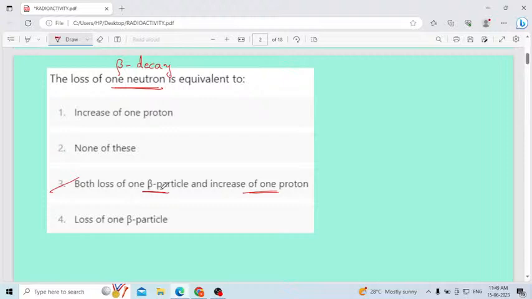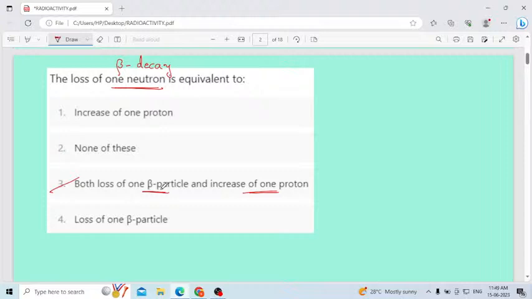Therefore, the loss of one neutron will be equal to loss of one beta particle. Then when one neutron is lost, to balance the conservation of energy, the atom will increase one proton.